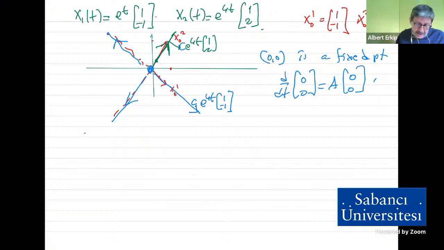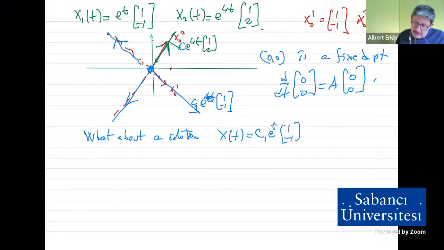Now, what about a solution like x of t equals c1 e to the t times (1, -1) plus c2 e to the 4t times (1, 2)? So it's a linear combination of these solutions.